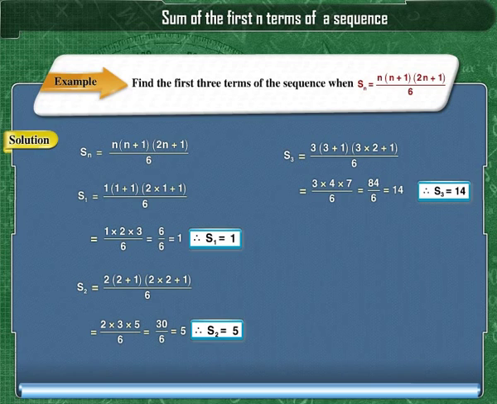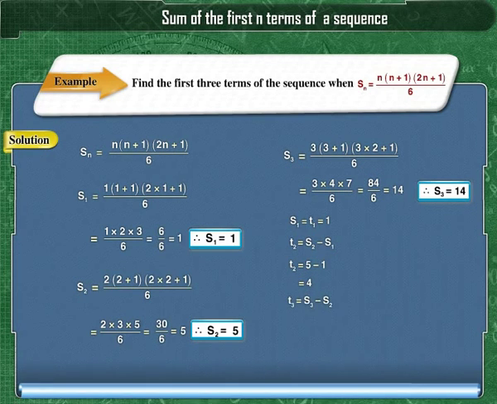Now we will find T1, T2 and T3 by using S1, S2 and S3. Therefore, S1 is equal to T1 is equal to 1. T2 is equal to S2 minus S1. Substituting the values of S1 and S2, T2 is 5 minus 1 equal to 4.